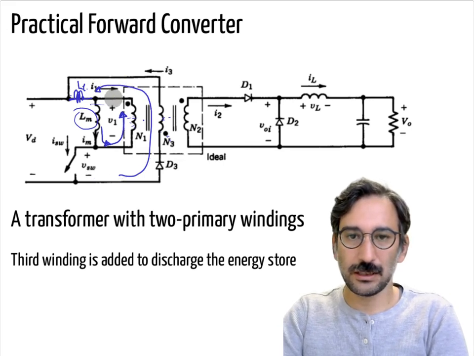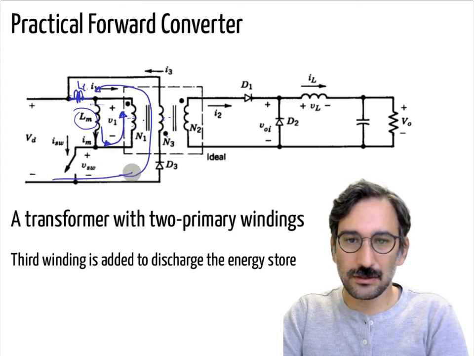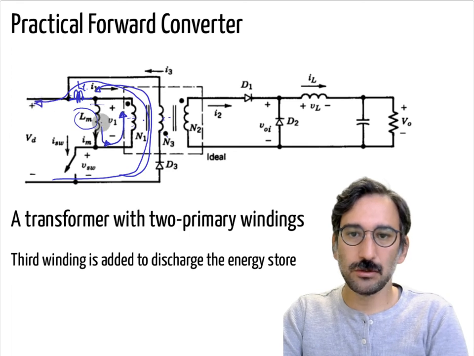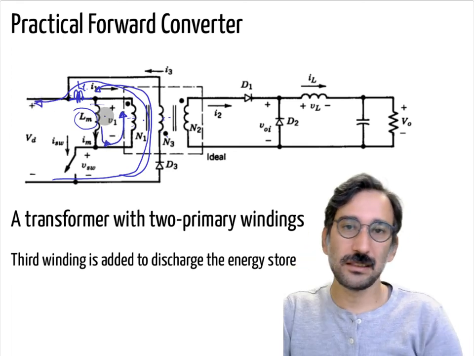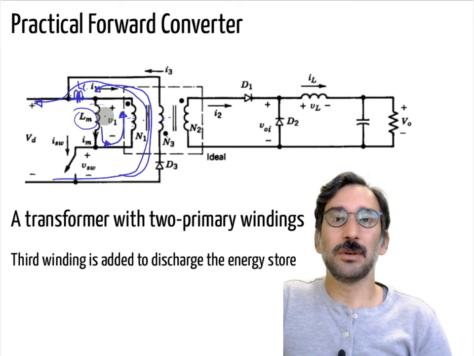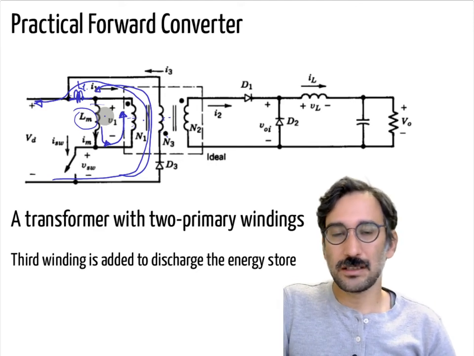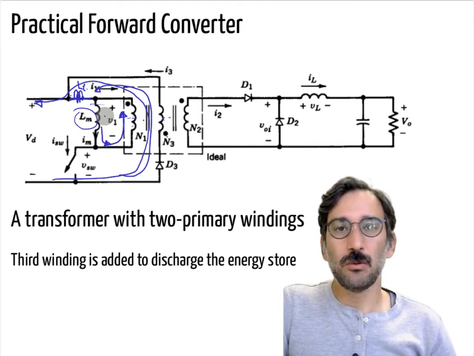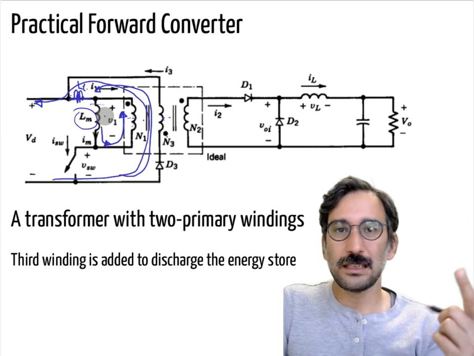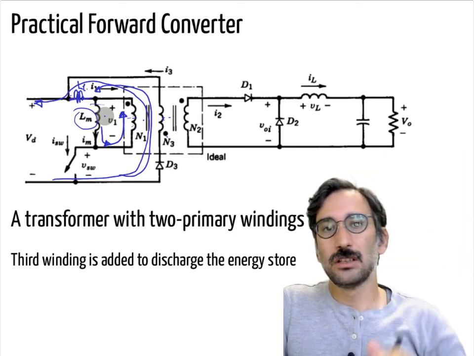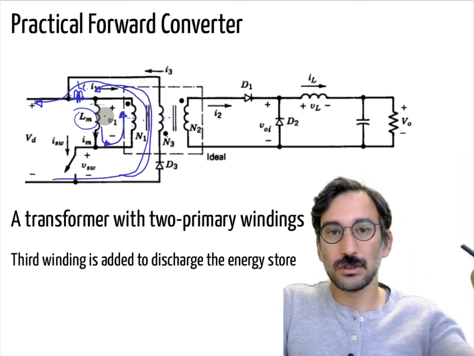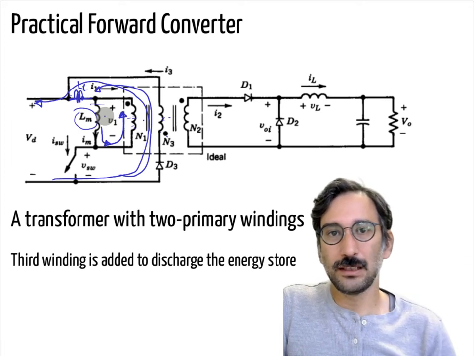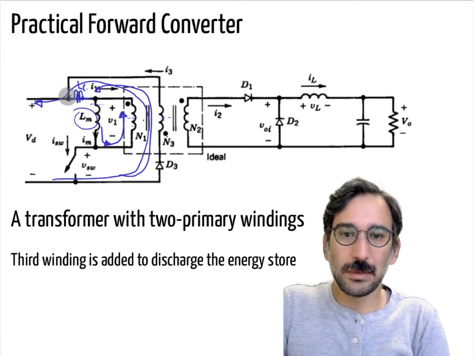I will show it in other graphs as well, but whenever the switch is off, you are sending that energy back to the source. So instead of dissipating the energy at every switching instant in an RCD snubber resistor, you are using that extra winding to induce some current on the third winding and send it back to the source.